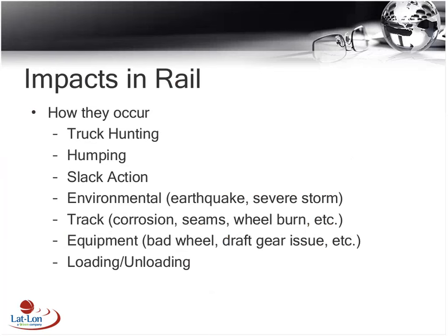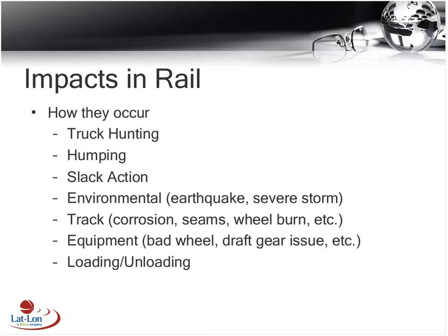So, impacts on rail. What causes accelerations in the rail environment? The things I've listed here: truck hunting, coupling rather than humping, coupling in flat yards or in hump yards, slack action, which is the motion of slack going up and down a train that's being accelerated or decelerated. Environmental factors can also create impacts.